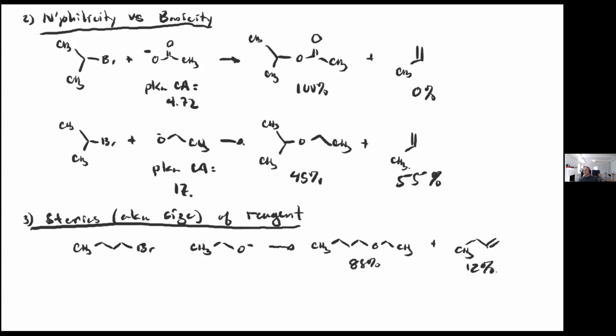But if you make that reagent bigger, so let's say we go to t-butoxide, okay, then we get a different outcome. Okay, so in this case, we only get a trace amount of the substitution product.